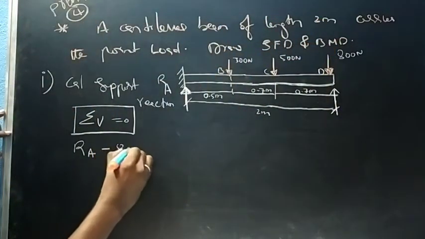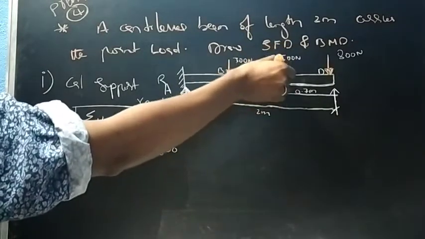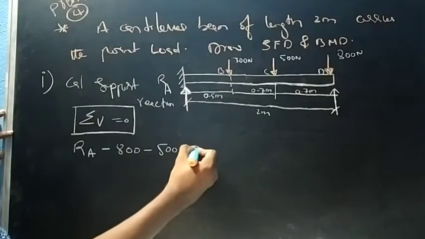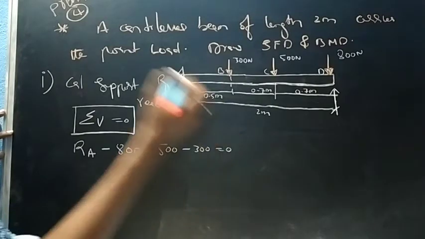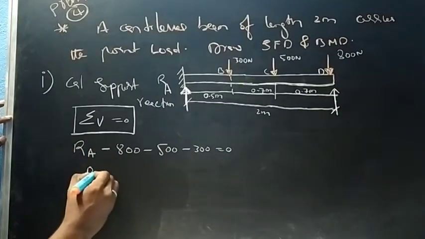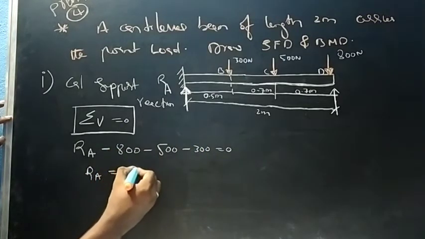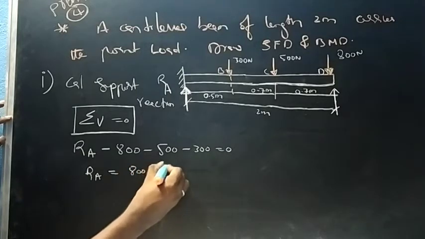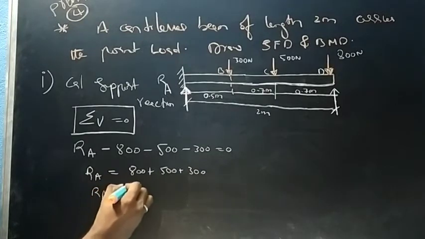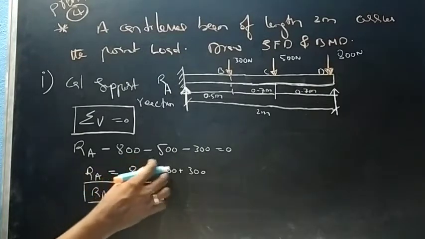Bringing this to the left hand side, 800 plus 500 plus 300, RA will be 1600 newtons, right? Clear?